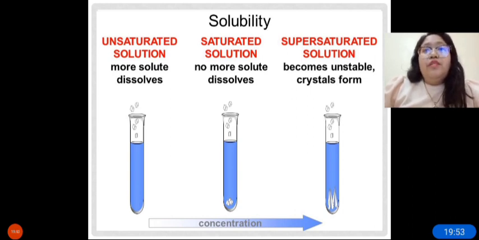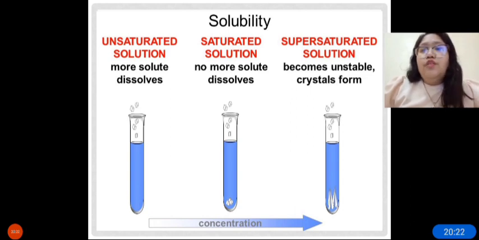But what happens when no matter how much more chocolate you add, it just won't dissolve anymore? Well, you will have a saturated solution. Now, what if you were able to get more chocolate to dissolve in that already saturated hot chocolate? Maybe by heating it up a bit more. Well, then you will have a supersaturated solution.